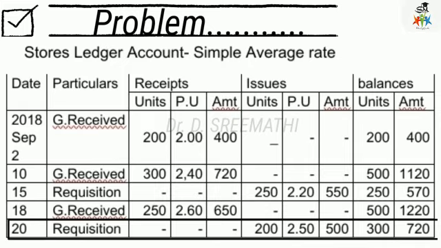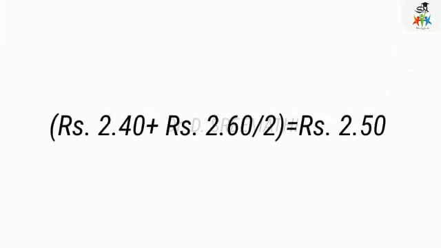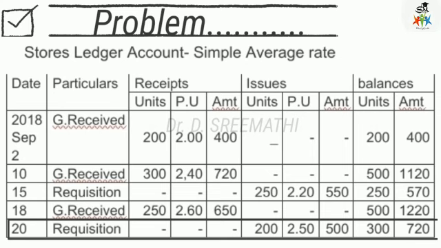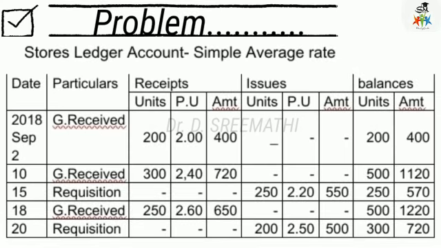The per unit cost is 2 rupees 40 paise plus 2 rupees 60 paise divided by 2, so 2 rupees 50 paise. Multiplying 2 rupees 50 paise by 200 gives 500, and the balance is 300 units, 720. This is how you calculate the simple average method.